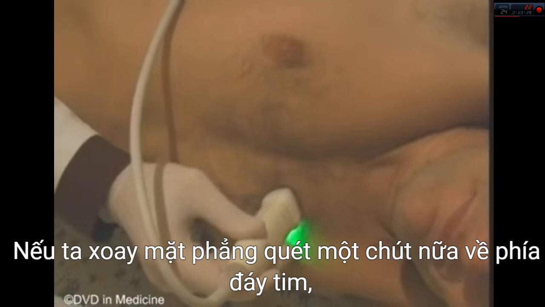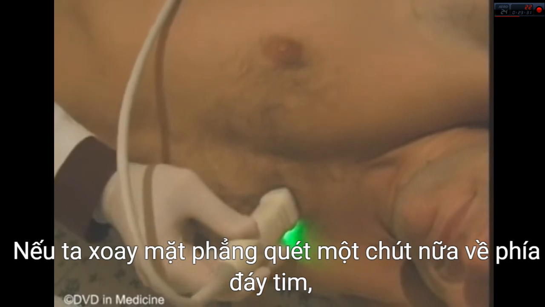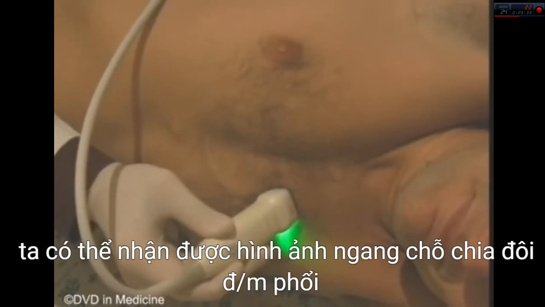If one sweeps the scanning plane a little more towards the base of the heart, one will obtain an image at the level of the pulmonary artery bifurcation.